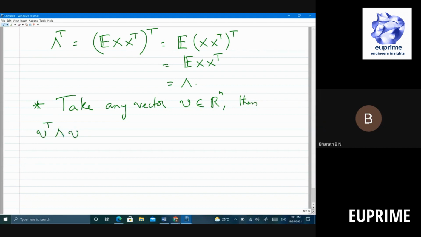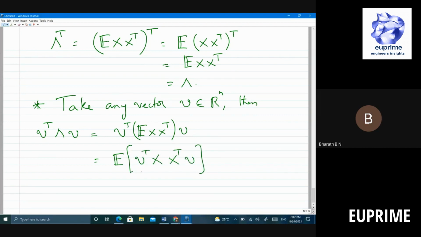I want to show that this is non-negative. So what is this? V transpose expected value of xx transpose v. If it is deterministic, the expected value of a times x is a times the expected value of x. You can pull the constant out or in, it doesn't matter. So I can write this as the expected value of v transpose x, x transpose v.